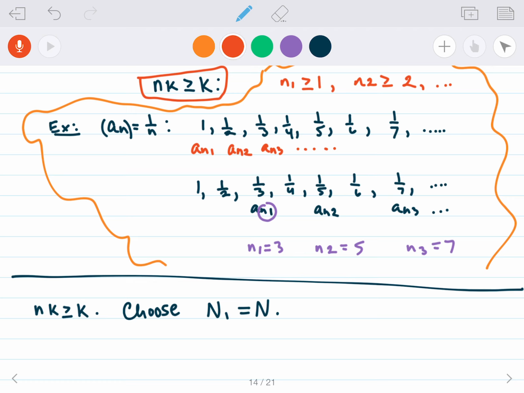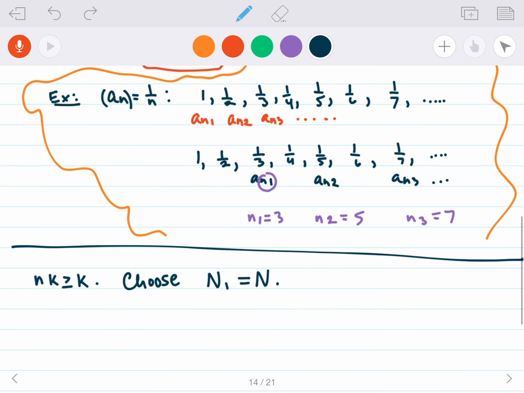We know that for every epsilon we can pick a capital N and ensure that our original sequence is within epsilon of our limit L after this capital N. And similarly, we can apply the same logic with our subsequence. So if we choose N1 to be equal to capital N, then what falls out is the following.